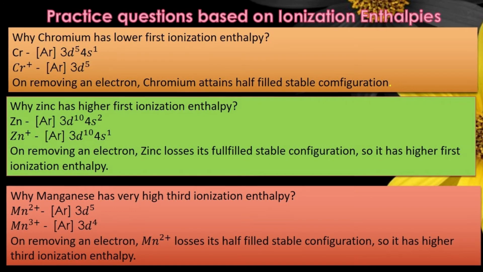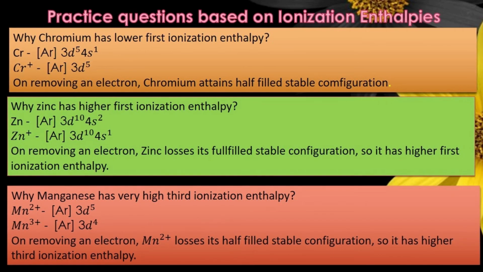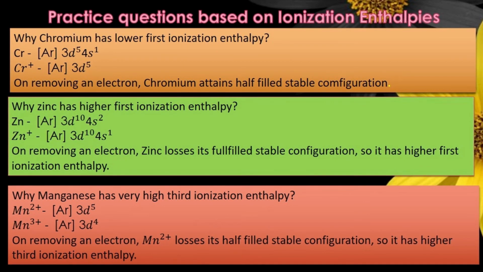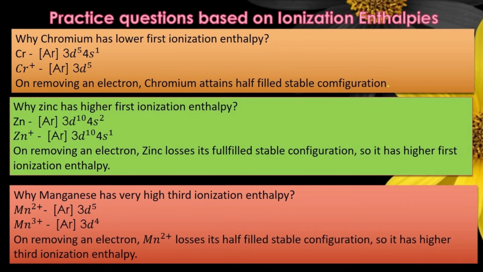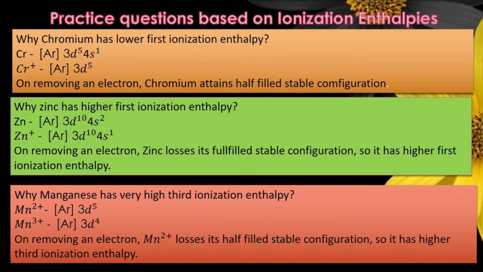So zinc will not have the tendency to lose its stable configuration by losing an electron. So, the energy required to remove an electron from zinc will be higher. Hence, it has higher first ionization enthalpy.